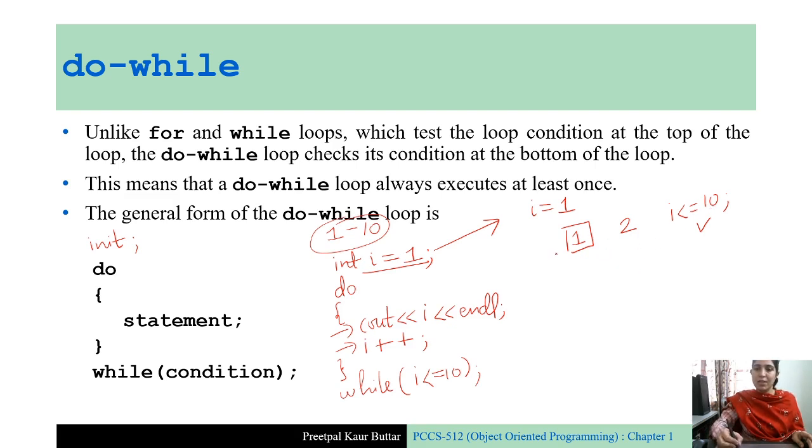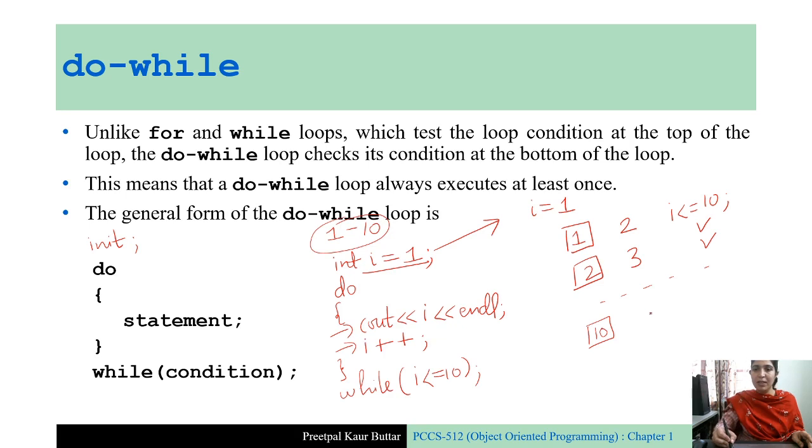In the next iteration, the value of i will be 2. So 2 will be printed, i plus plus, i will become 3, and then the condition is tested, true, and it keeps on happening like this. Now let us suppose we reach iteration 10. Here the value of i will be 10.